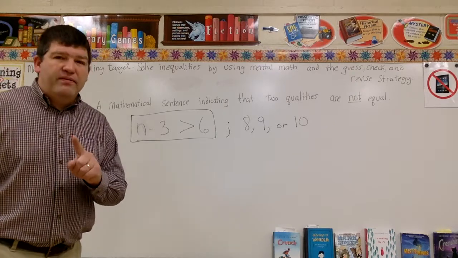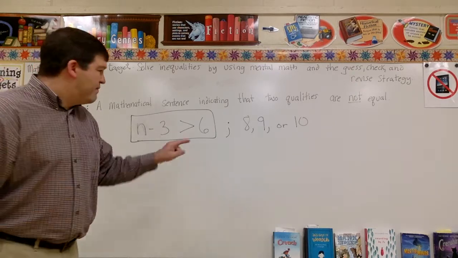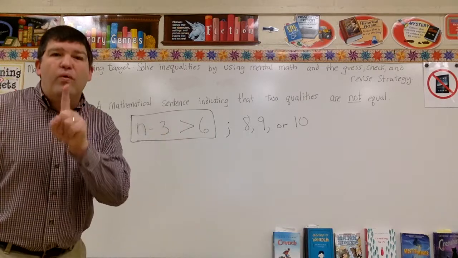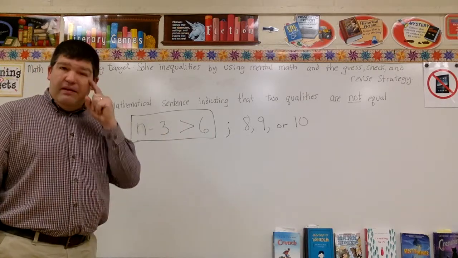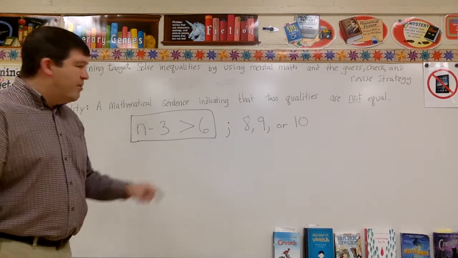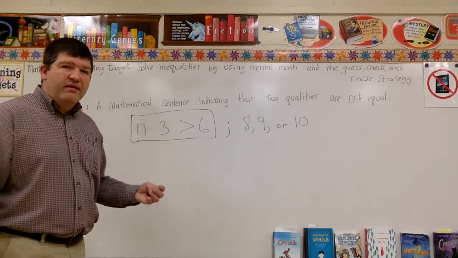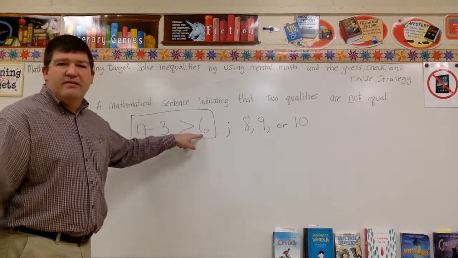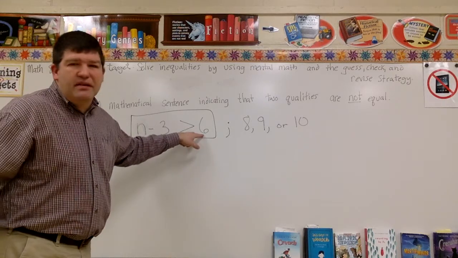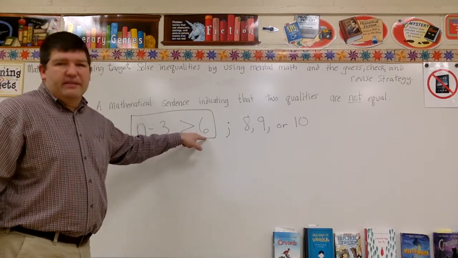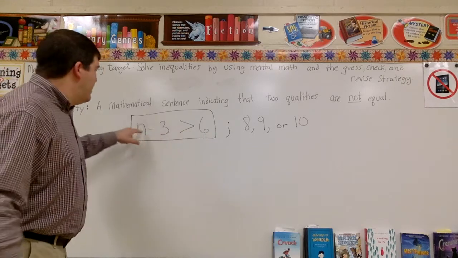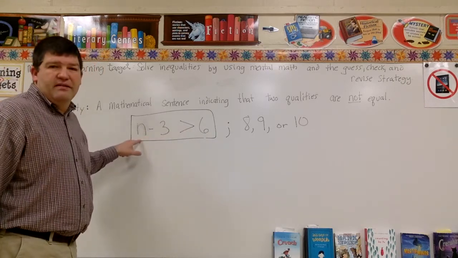So not just one. If this was an equal sign, there's only one possibility that n can be. But because this is an inequality, you can have tons and tons and unlimited numbers that are greater than 6. So n could be all sorts of things.